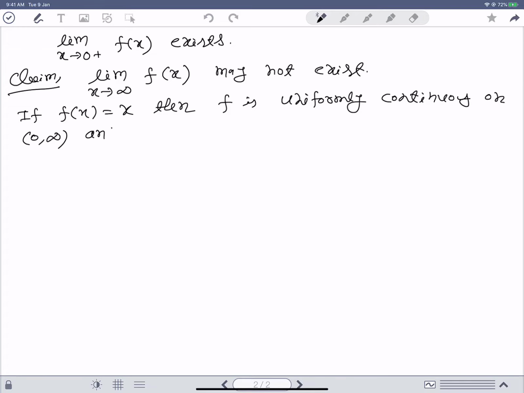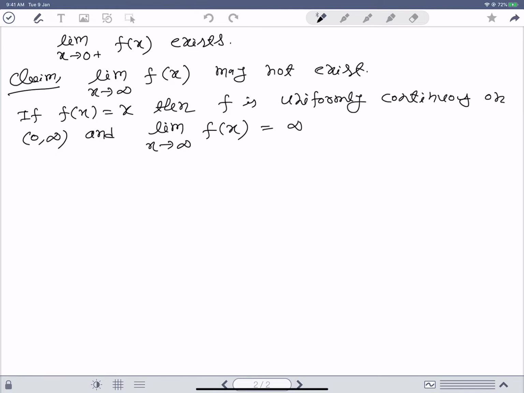And the limit as x tends to infinity of f(x) is infinity as well, right? In this case we can say that the limit exists and it is unique. In fact, you can choose a function where the limit is a finite limit.